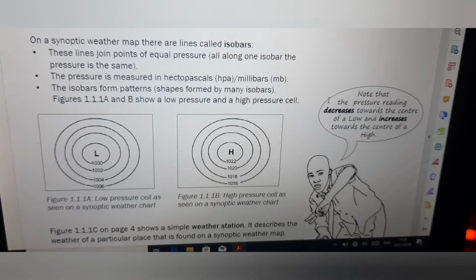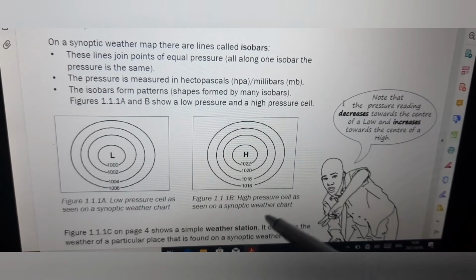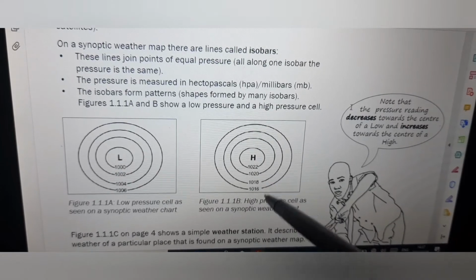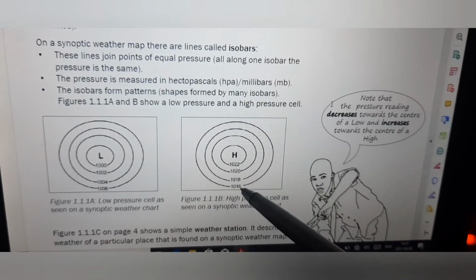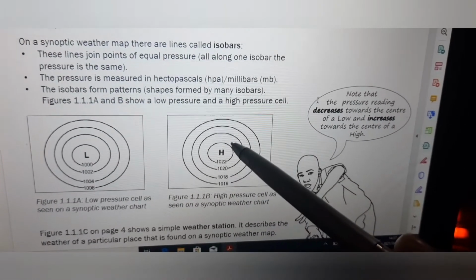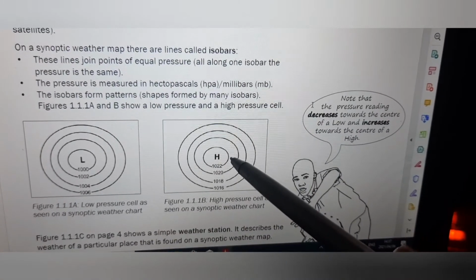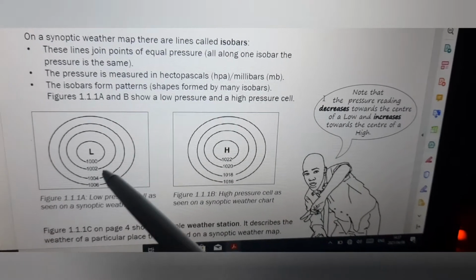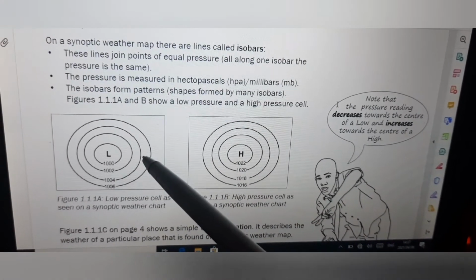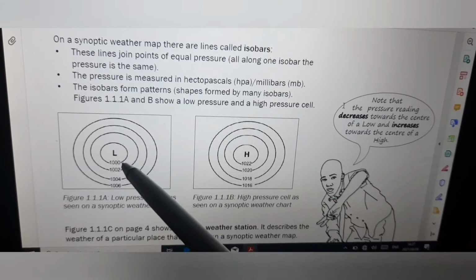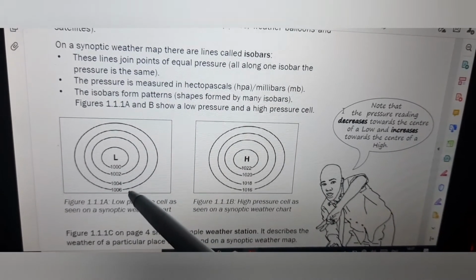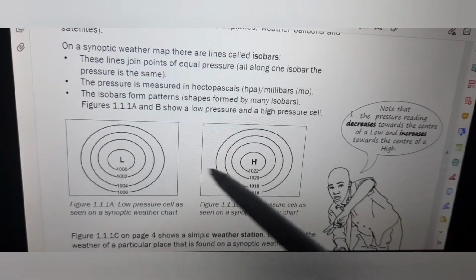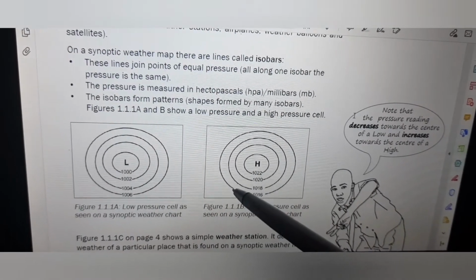In a high pressure cell, as you move outwards the pressure decreases, and as you move inside towards the center, the pressure increases. For a low pressure cell, from the center towards the outside the pressure increases, but from the outside towards the center it decreases. You need to be able to identify these in a synoptic map.